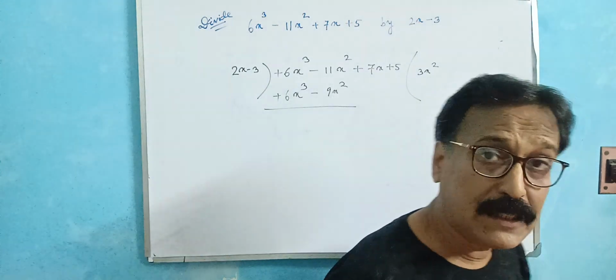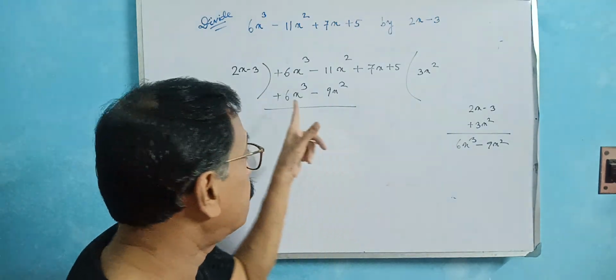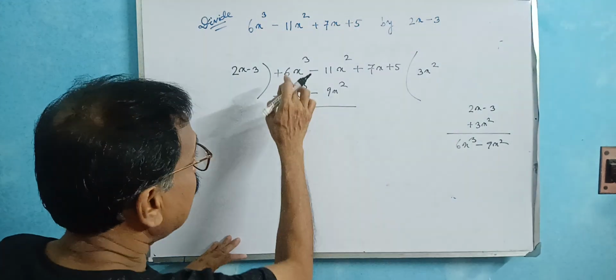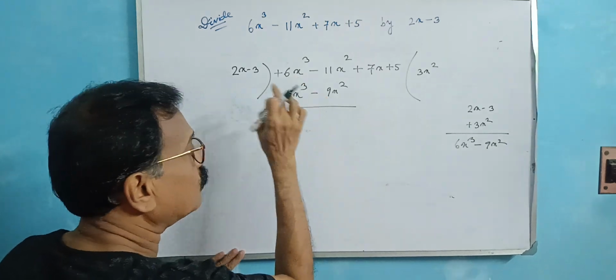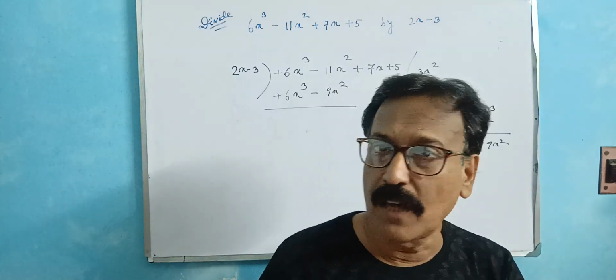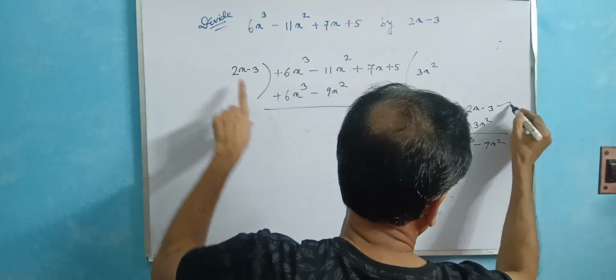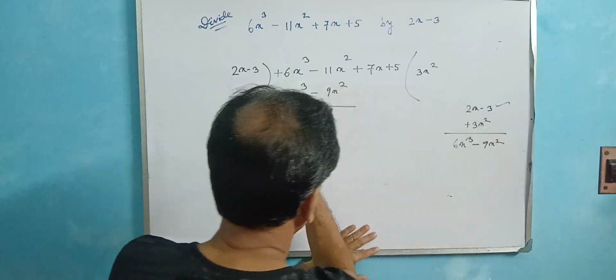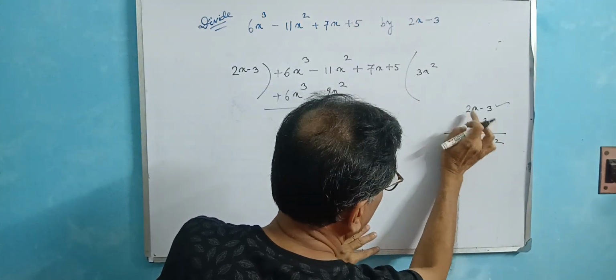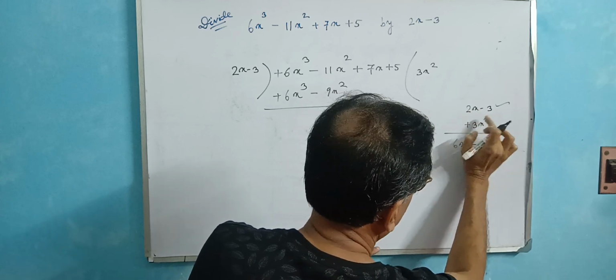You have to keep this in mind. For that reason 2x minus 3 you multiply because 6x cube is coming, so 3x square times 6x cube, and 3 times minus 3 gives minus 9.